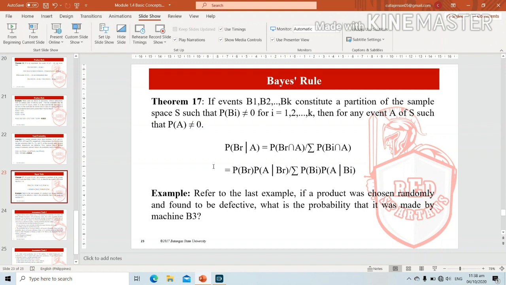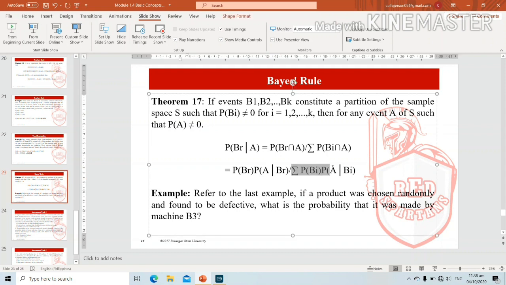Kailangan alam niyo yung theorem 16 kasi gagamitin natin yun dito sa theorem 17. Kung makikita nyo, yung denominator niya ay theorem 16.